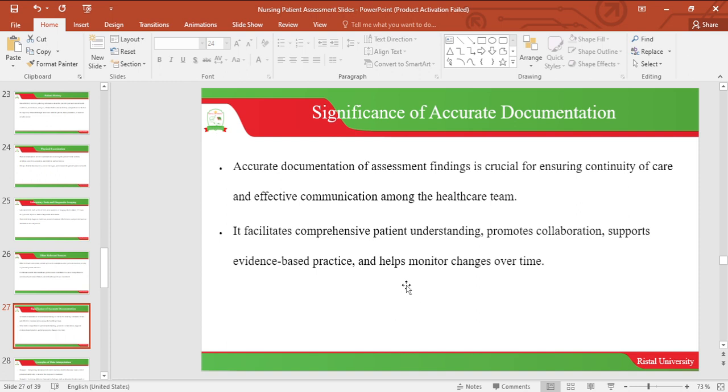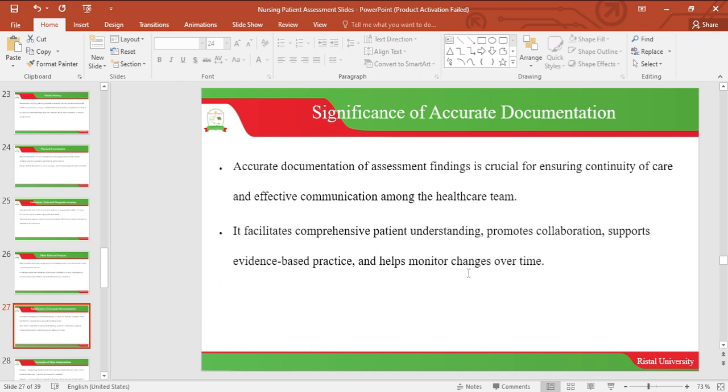Let's look at the significance of accurate documentation. Accurate documentation of assessment findings is crucial for ensuring continuity of care and effective communication among the healthcare team. The other significance of accurate documentation is that it facilitates comprehensive patient understanding, promotes collaboration, supports evidence-based practice, and also helps monitor changes over time.